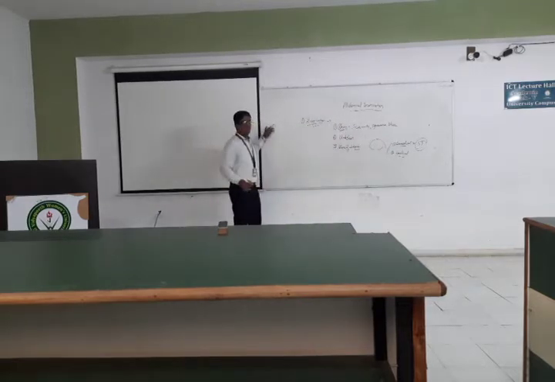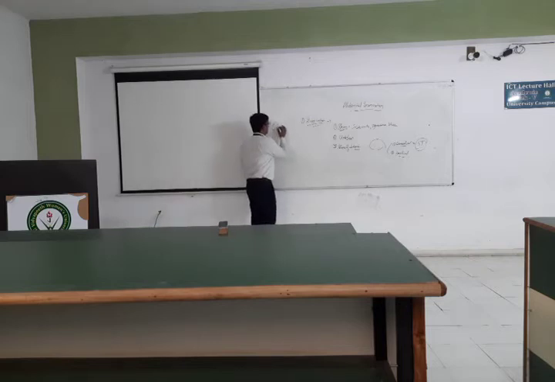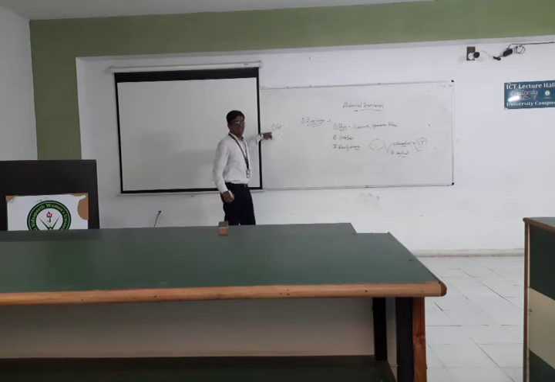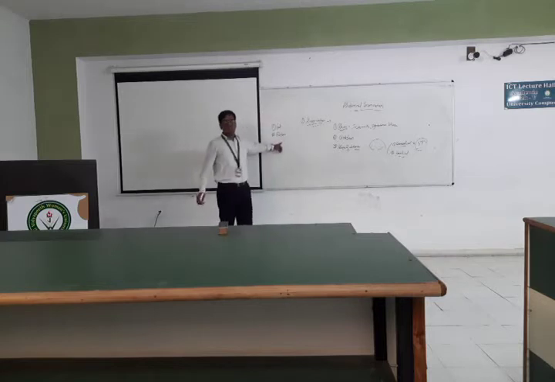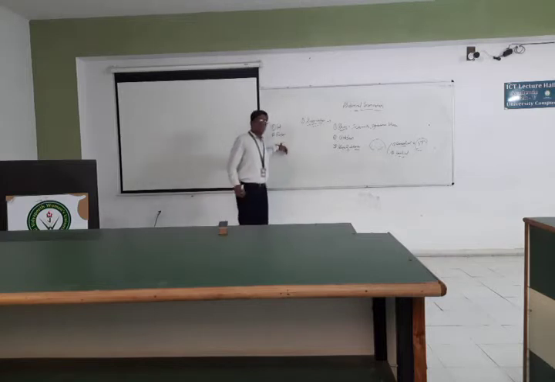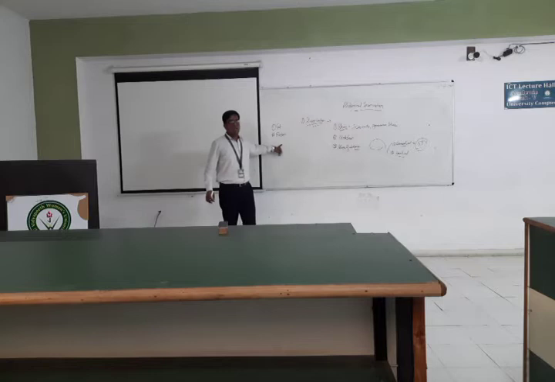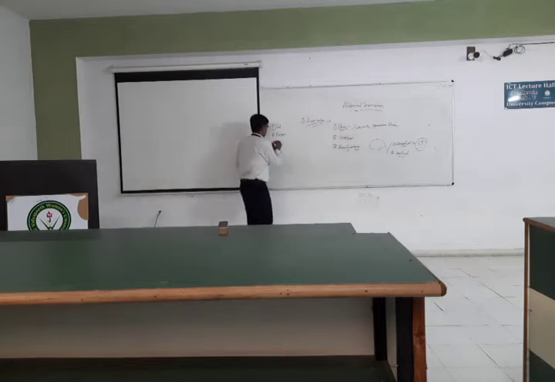What are these 5 F? Number 1 is fat. If the person is obese, then there will be distension of the abdomen. Next is flatus. If there is accumulation of flatus, then the patient can have distension of the abdomen.